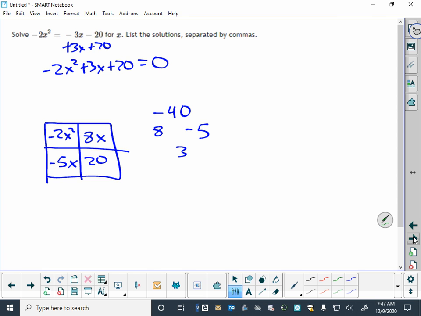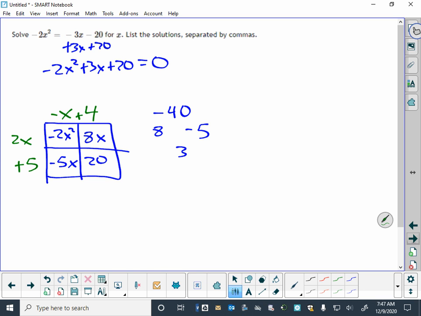And then I can see and hear that I could factor a 2x out of this, which would make this a negative x. That would make this a 4. That would make this a 5, and the 5 and the 4 make the 20.